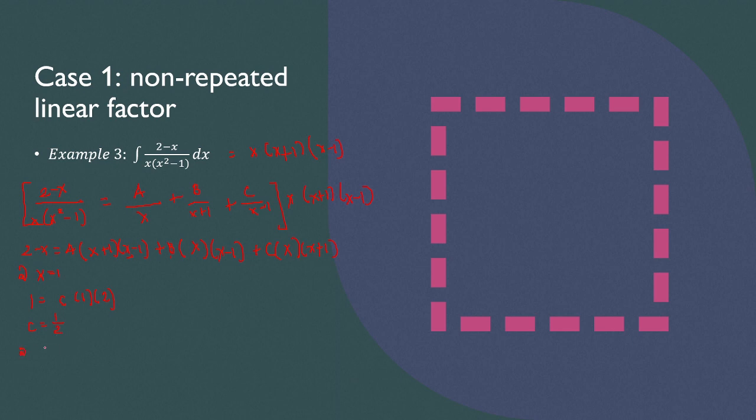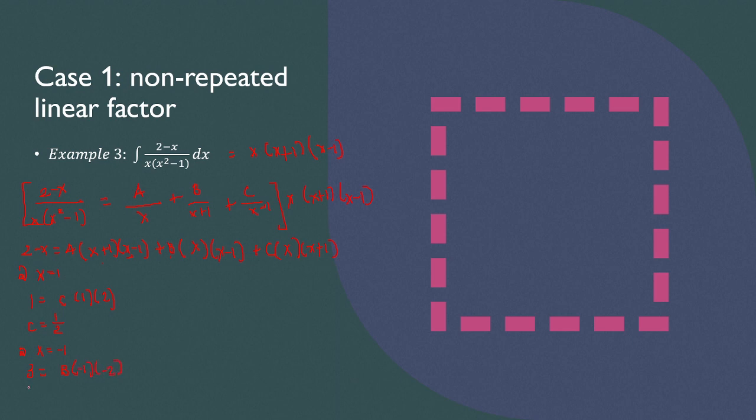Next, let's get a and b. If we let x be equal to negative 1, a and c are eliminated. So therefore, we can get b. So 2 minus negative 1, that's 3. Negative 1 plus 1 is 0, which eliminates a. For b, negative 1 minus 1: b times negative 1 times negative 1 minus 1, that's negative 2.